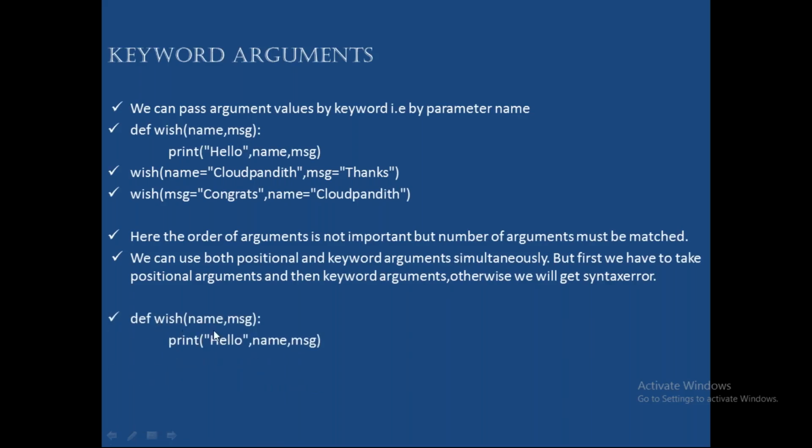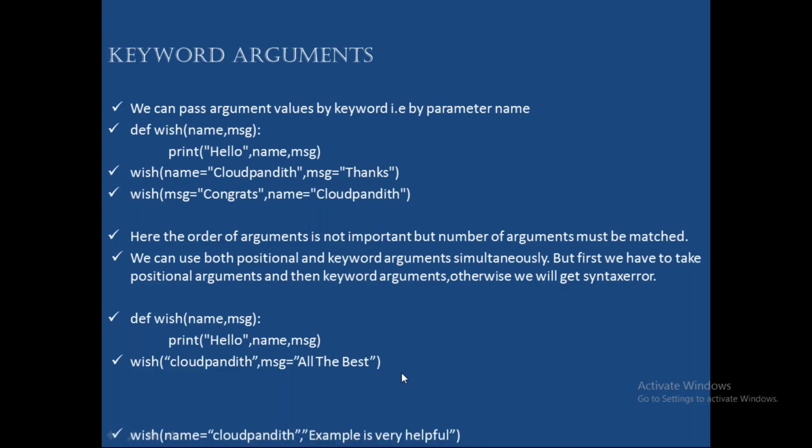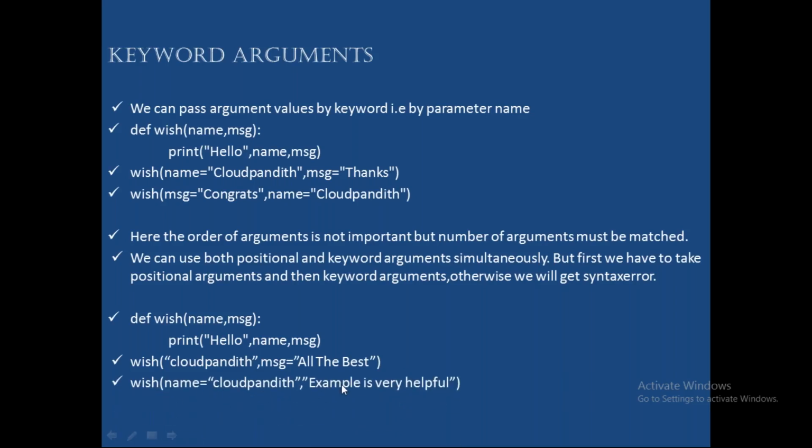For example, def wish name message. Wish Cloud Pandit, message all the best. Will it work or not? The first argument is passed based on position, so Cloud Pandit is assigned to name. Message equal to all the best, meaning hello Cloud Pandit, all the best. Next, wish name equal to Cloud Pandit, then a positional value: it will throw an error, because a keyword should not be used at the beginning.